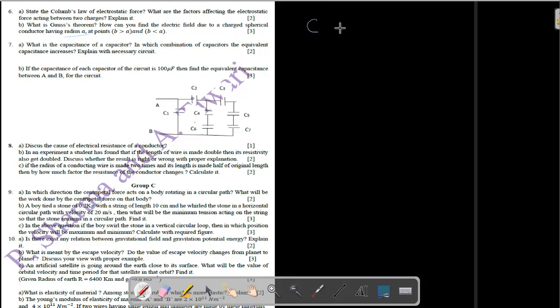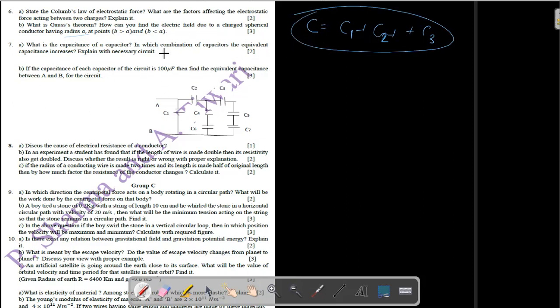So if we add the capacitance in parallel combination, then the result will be C1 plus C2 plus C3. This means that if we arrange the capacitors in parallel combination, then the equivalent capacitance will increase.